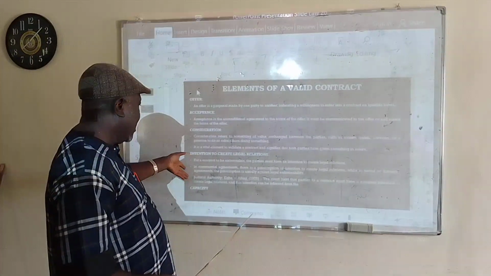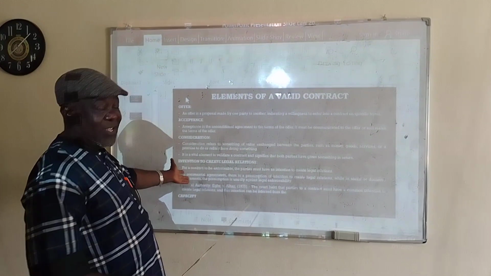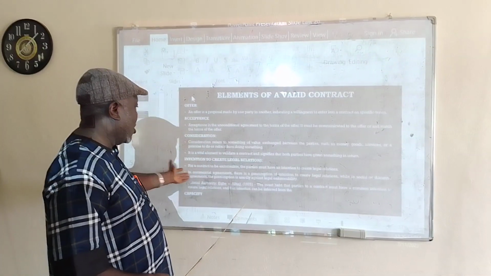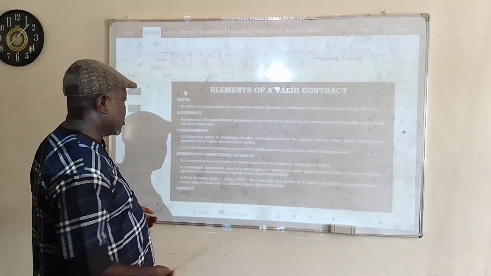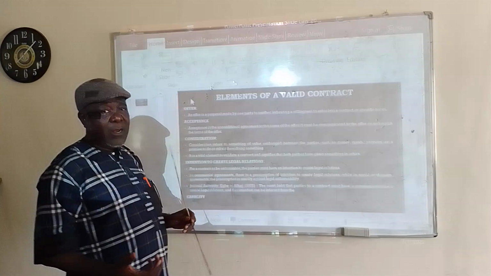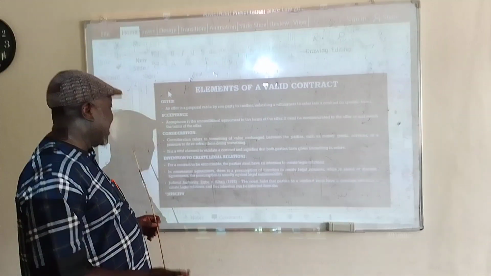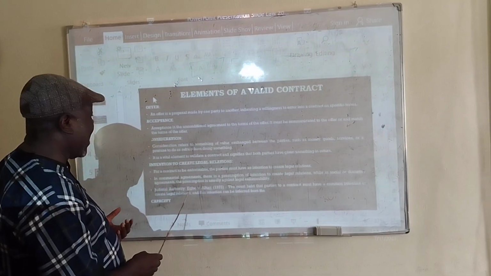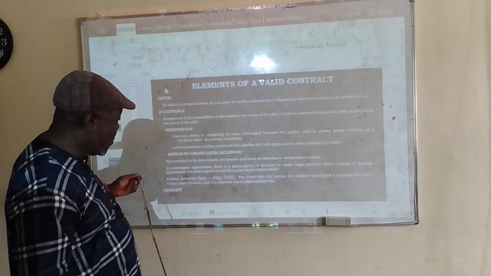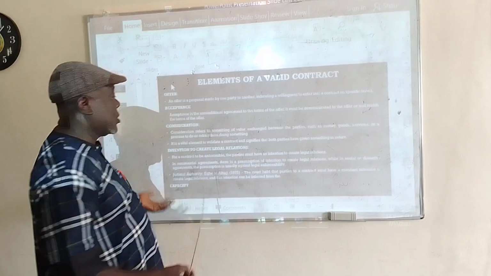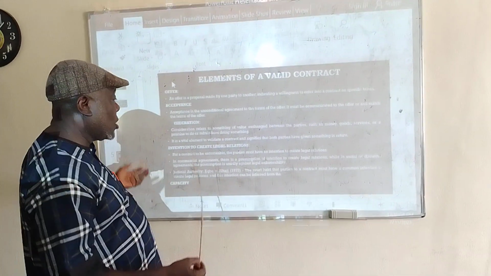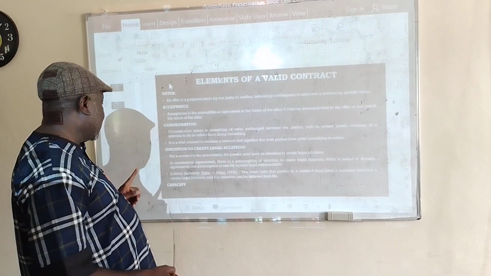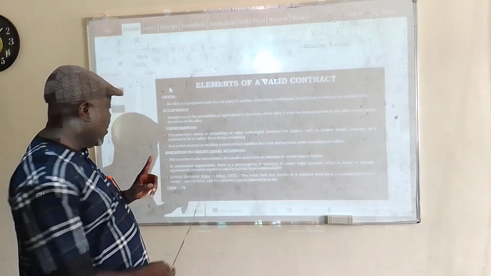There are some very serious cases. Balfour versus Balfour are cases that go to support the presumption that domestic agreements may not be legally binding. Now, there is judicial authority also to that. Egbe versus Alhaji is a case reported in 1975 where the court held that parties to a contract must have a common intention to create legal relations.